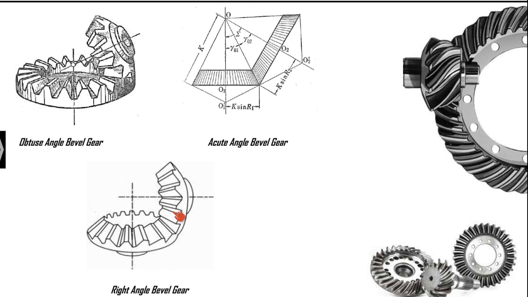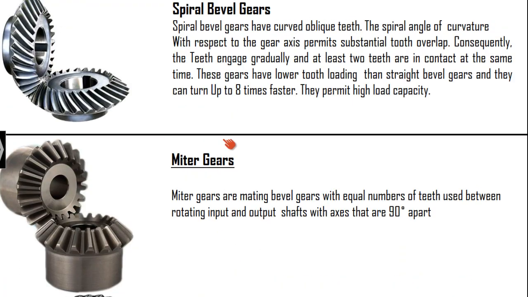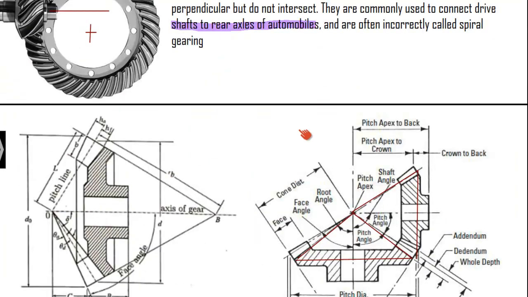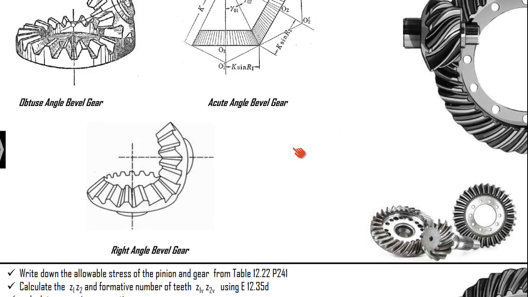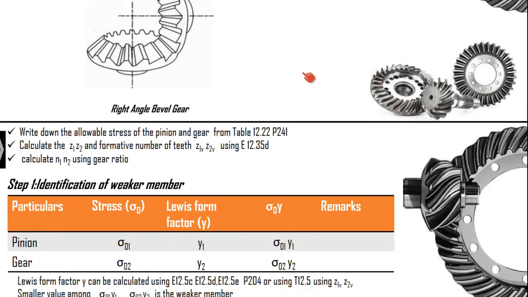So in the data book, the design is focused mainly on these 3 categories. We are not going to discuss the spiral type or any other type. Miter gear definitely we will be discussing, but spiral bevel gear we are not focusing on. Straight bevel gears with the angle less than 90, equal to 90 and greater than 90, these 3 are the focus of the discussion for the further section.